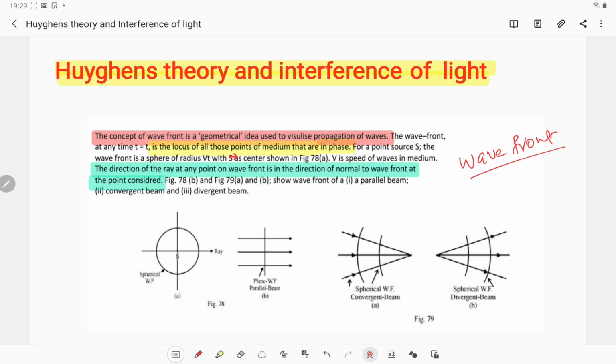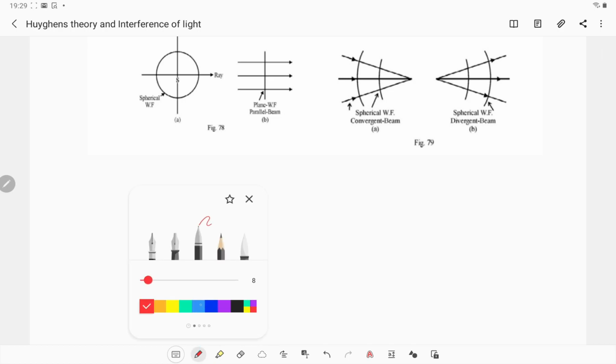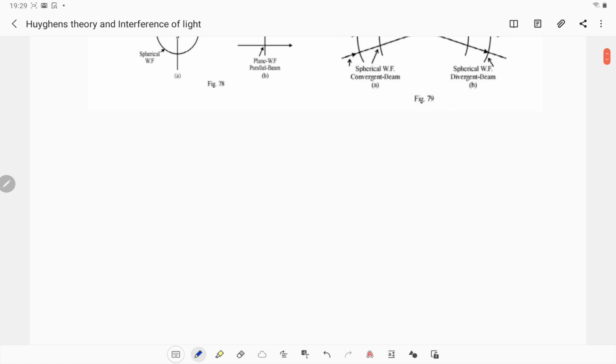It is a locus of all those points of the medium that are in phase. Means if you draw the locus of the points, all those points are in phase. See, here is a point source.